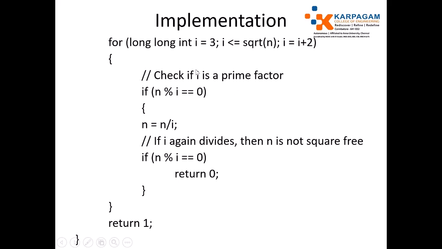And for an odd number, we check whether a particular variable is a prime factor or not by taking the remainder. If it is equal to 0, again try to divide. If it divides again and gives remainder 0, just return 0, otherwise return 1. This is the concept of checking whether the number is a square free number or not.